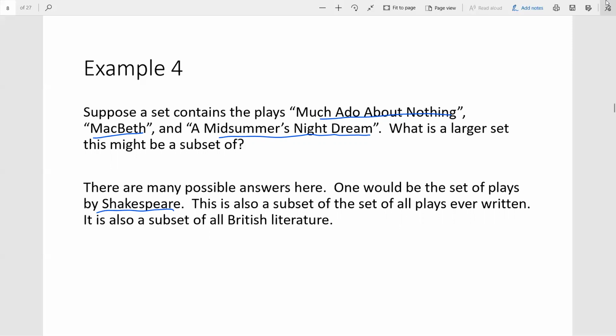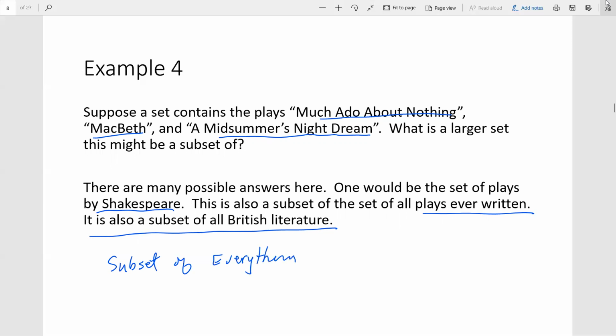It's also a subset of all plays ever written, and also a subset of all British literature. And if you want to get even bigger, you could say a subset of everything ever written.